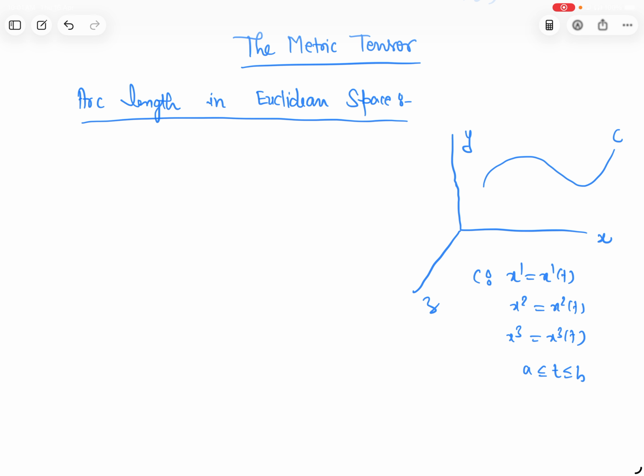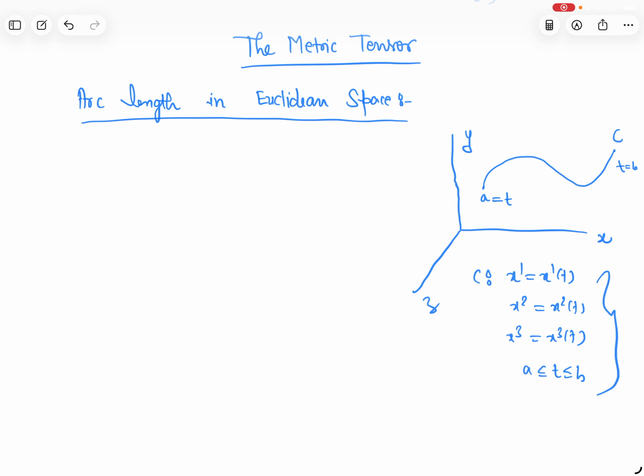So this is called the parametric equation of a curve. The curve goes from A to B. Some point t is equal to A is here, and this is t is equal to B.